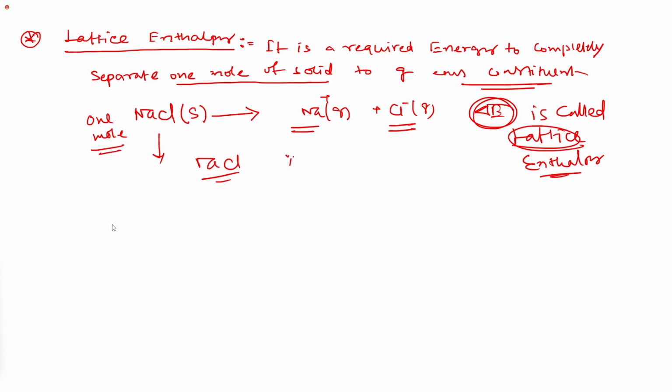What does completely packed mean? That means there is an attractive force between the Na plus and Cl minus ions, the opposite ions. Another force is the repulsive force, between Na plus and Na plus, or Cl minus and Cl minus.